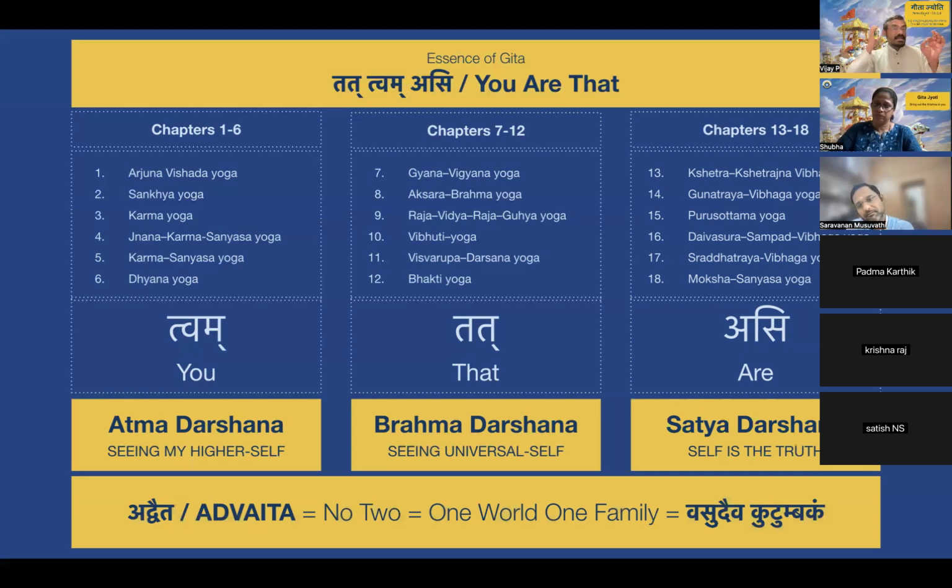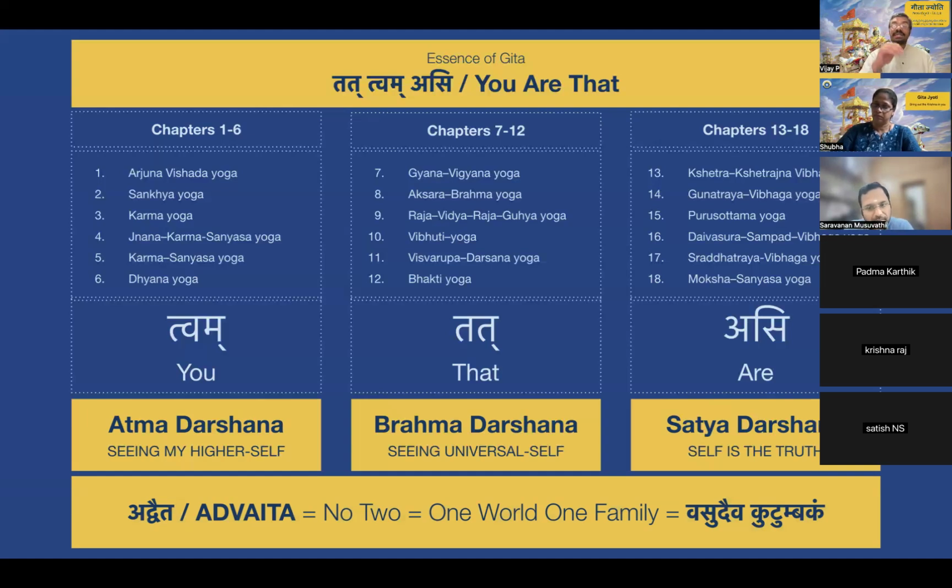Much like an ornament made from gold, every part of the ornament is gold only. So there is no ornament. There's only gold. Like that, Advaita, when this realization is true, resolves the difference between me and the world.